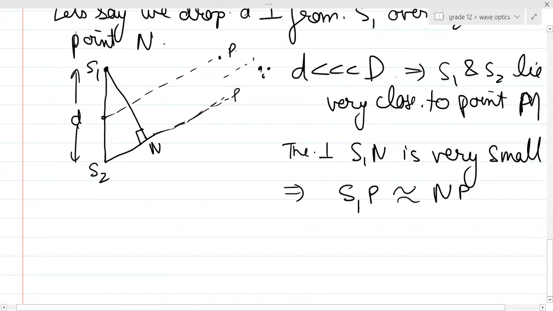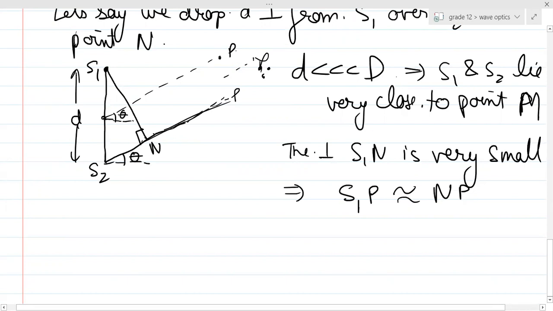Both are going to point P because the distance capital D is very far away. So it will look like parallel lines. You have assumed this angle to be theta. So this angle will also become theta, right? Yes or no?